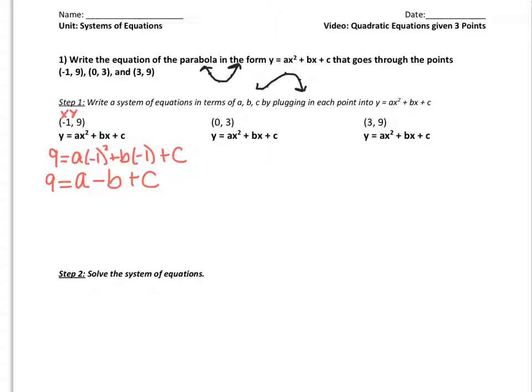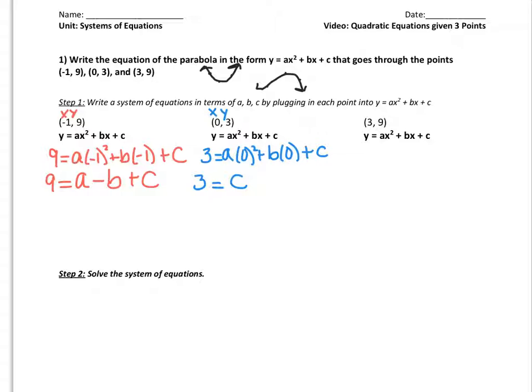All right, now we're going to do the same thing with the second point, (0, 3). 0 is my x, 3 is my y. And this simplifies to simply 3 equals c, because a times 0 is 0 and b times 0 is 0, so these terms cancel.